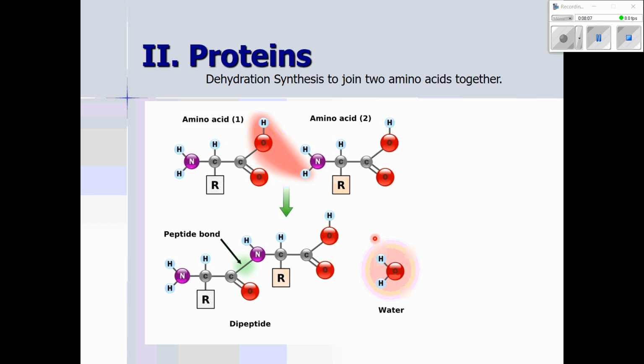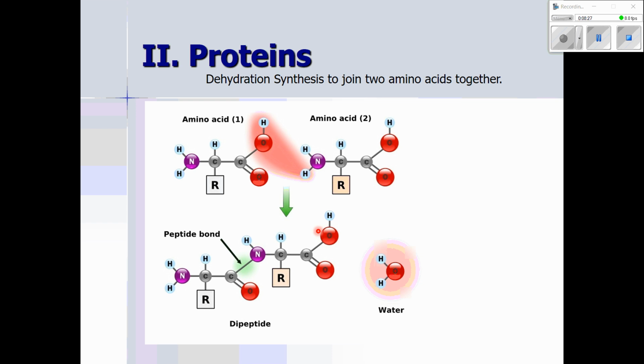Now, if we were to add a third amino acid, and a fourth, and a fifth, and a sixth, we could keep adding on to this and build a very long chain of amino acids. We call that a polypeptide.